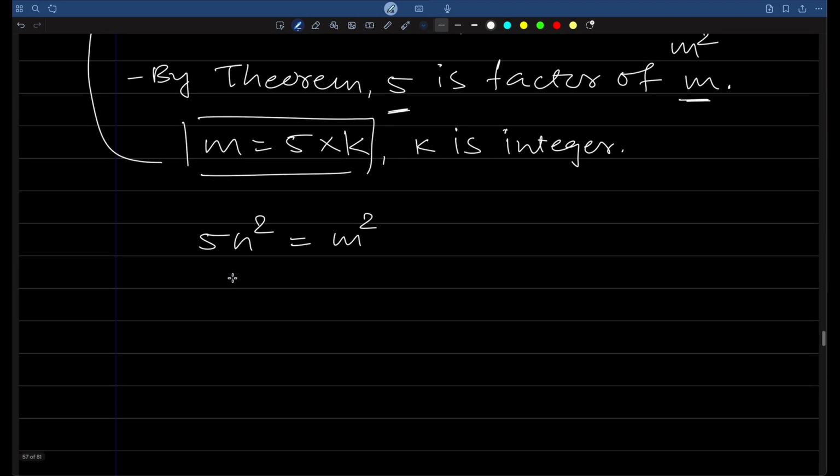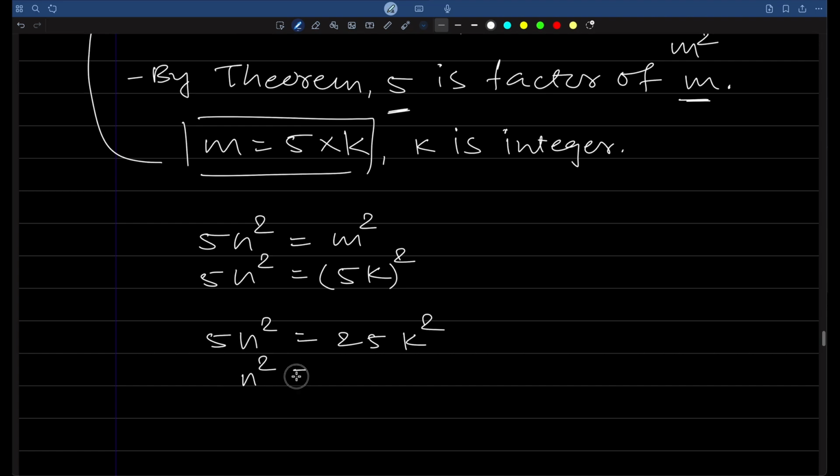We have m equals 5k whole square, so 5n square equals 25k square. Dividing both the sides by 5, we get n square equals 5k square. Now 5 divides n square. This means 5 is one of the factors of n square.